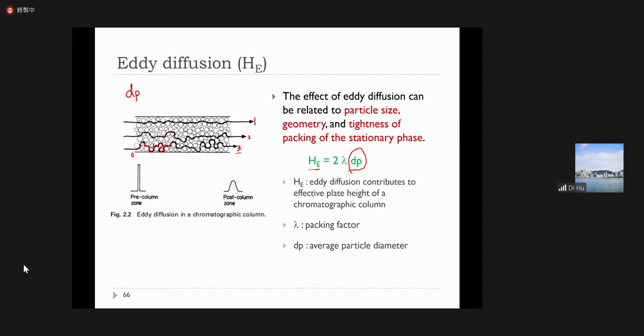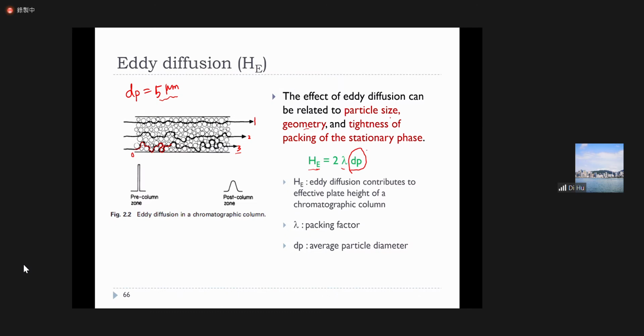For example, if we have a column with particle diameter equal to 5 micrometer, we want all the particles to be as close to 5 micrometer as possible. We don't want some to be 6, some to be 4, some to be 2, some to be 7, and then this number will be very big in that case, okay? So we want them uniformly to have the same diameter, and also a nice geometric shape, not something like a square shape. No, that's not good.